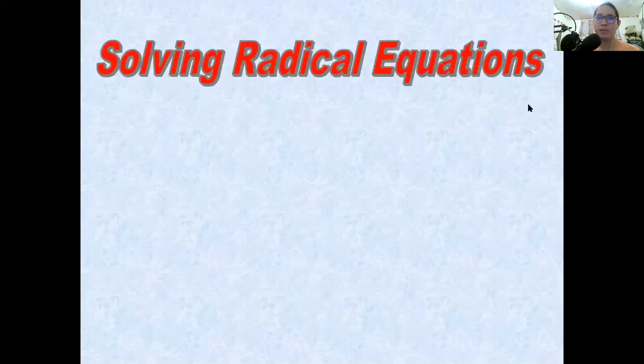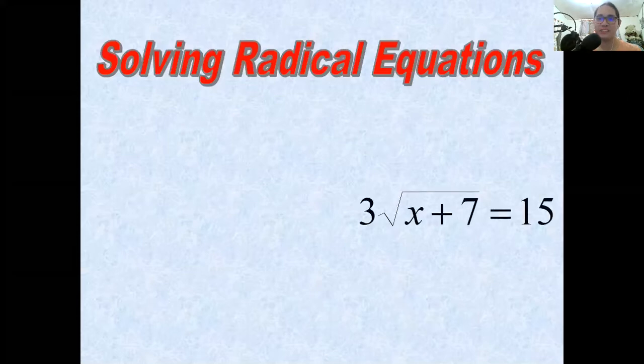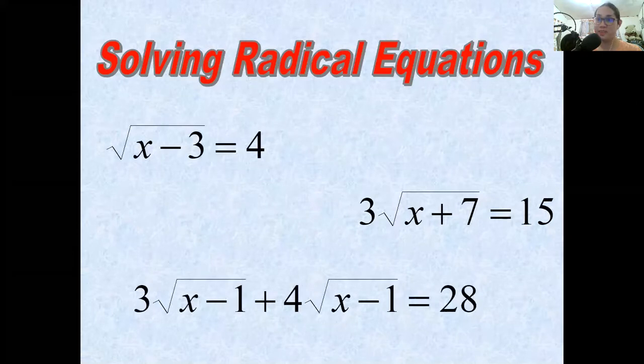So our topic will be about solving radical equations. As you can see, these are examples of radical equations, an equation involving a radical sign, of course. That's why we call them radical equations.